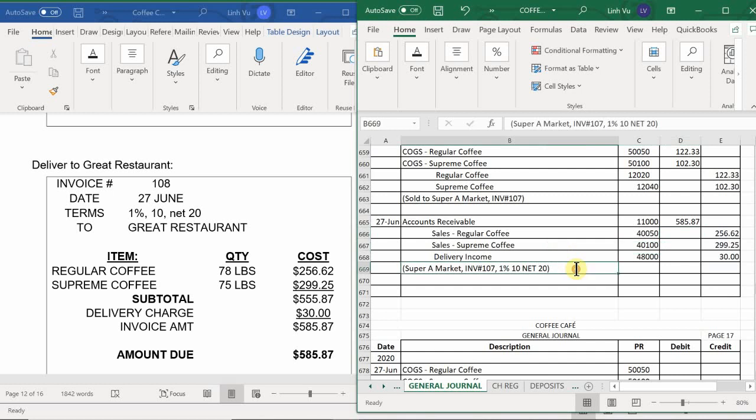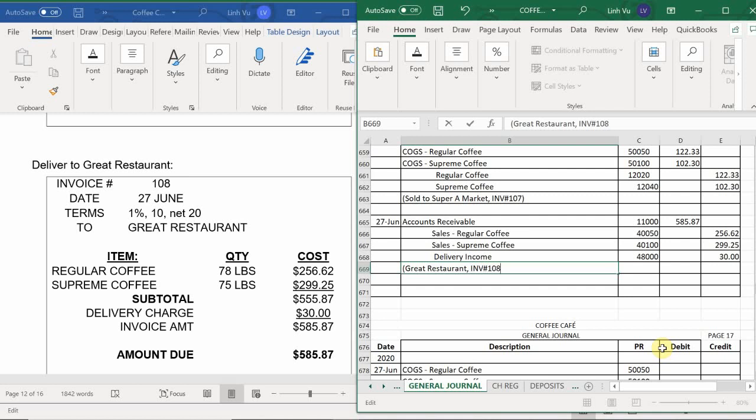I'm also going to make some minor changes to this because I don't think I have to change the whole entire thing. This is Great Restaurant, and this is invoice number 108.